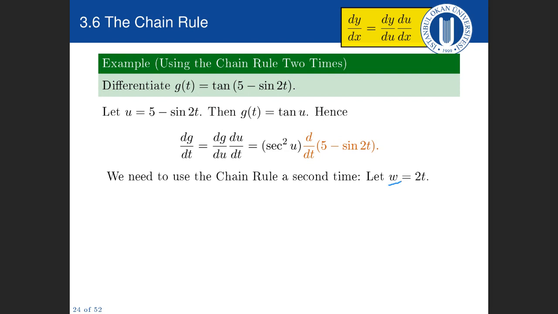And it doesn't matter which letter you use. Choose any letter that you want to use. I'm going to use the letter w. I'm going to let w be equal to 2t.